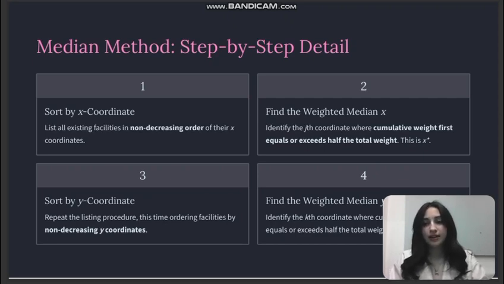And after finding the optimal x, we now do the same for the y coordinate. We sort the facilities by their y coordinates, again in non-decreasing order, and then do the same test for half the total weight for y, and the first point where it equals or exceeds half the total weight is our optimal y.